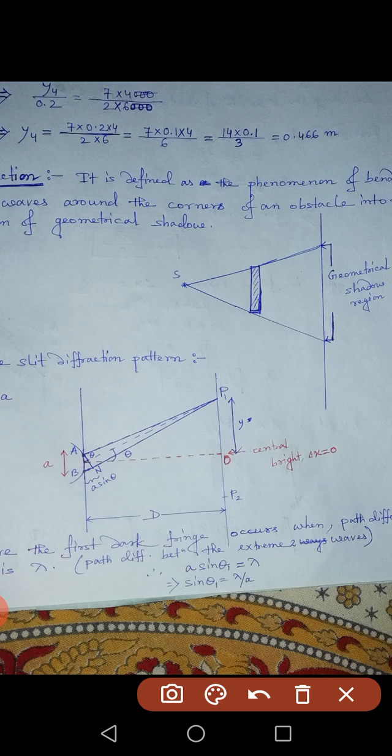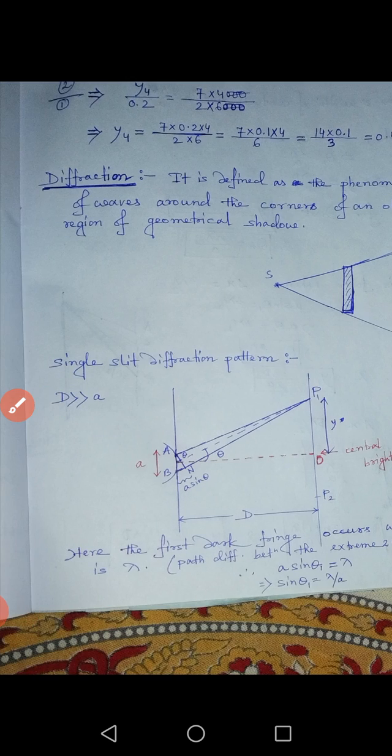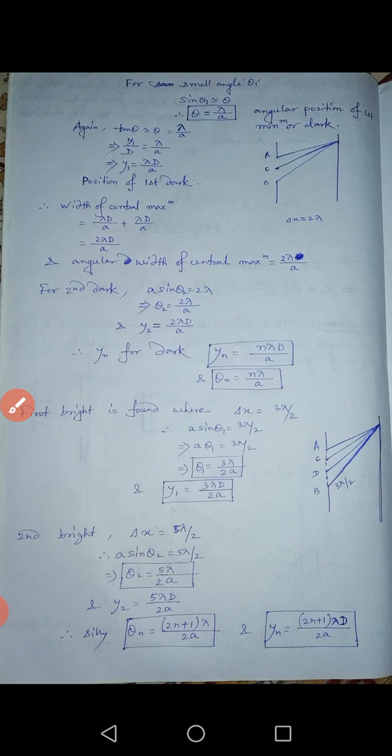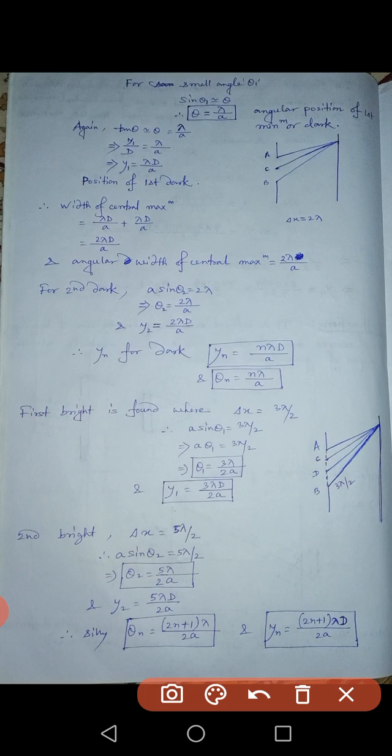Here though it looks like 30 or 40 degrees, in reality this is a very small angle, and as a result, since it is a small angle, sin theta 1 can be replaced by only theta 1. So that's what we have done on the next page. Sin theta 1 is nearly equal to theta 1, therefore theta 1 equals lambda by a.